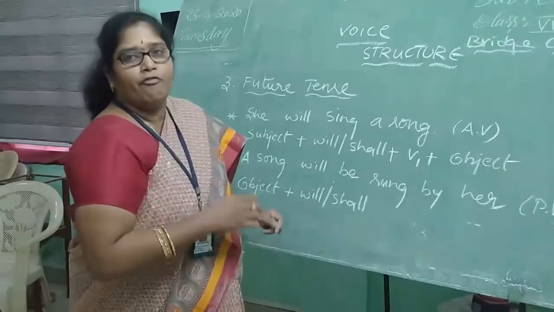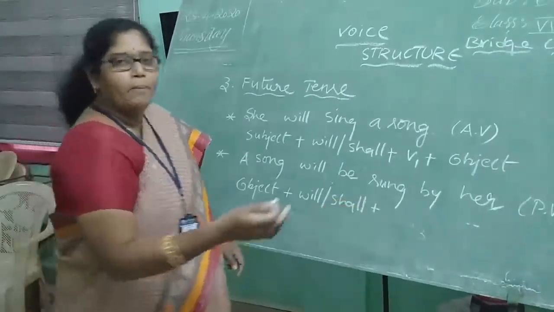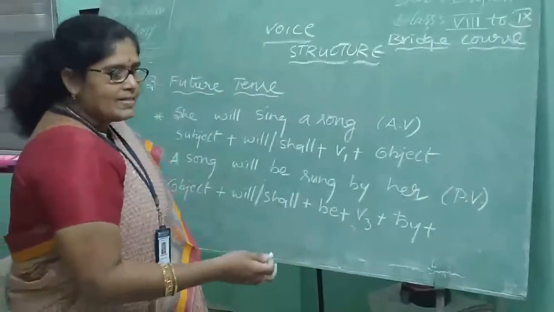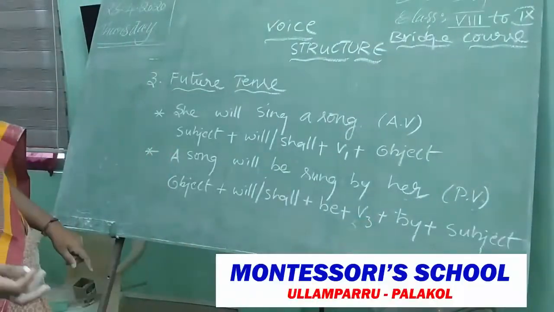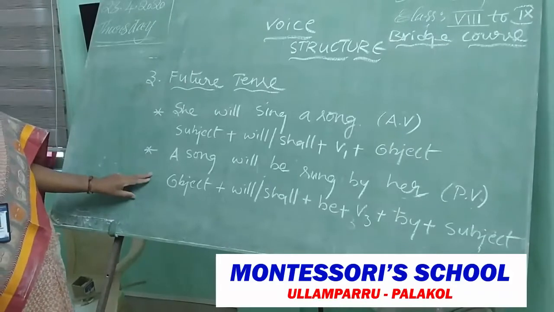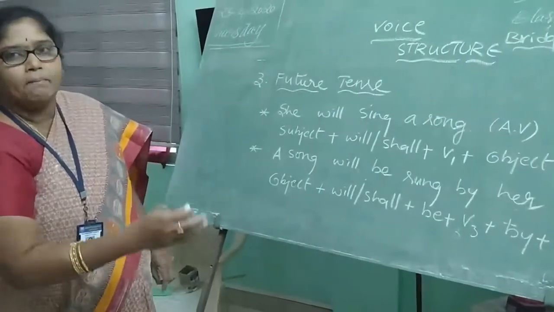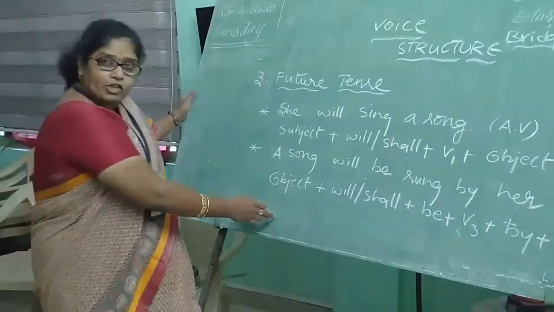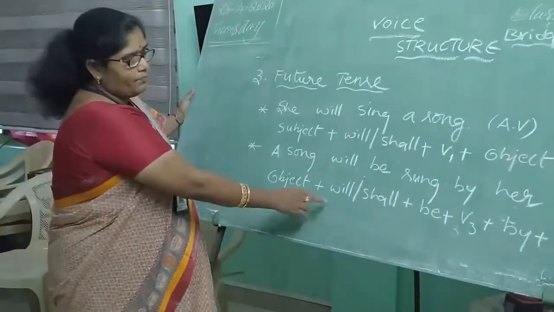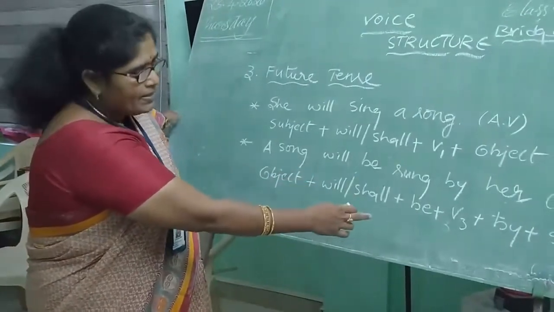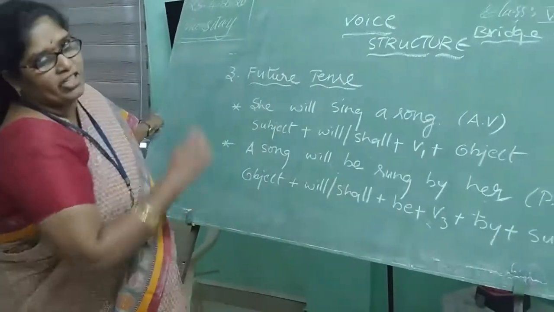Object plus will or shall plus be plus V3 plus by plus subject. So here is the structure of passive voice in the future tense, children. See, a song will be sung by her.